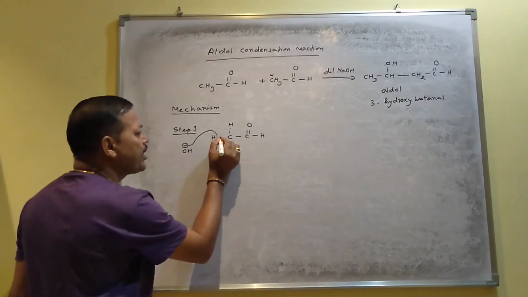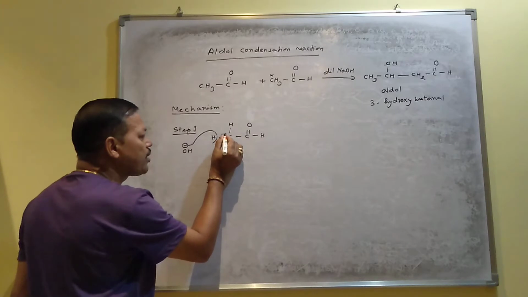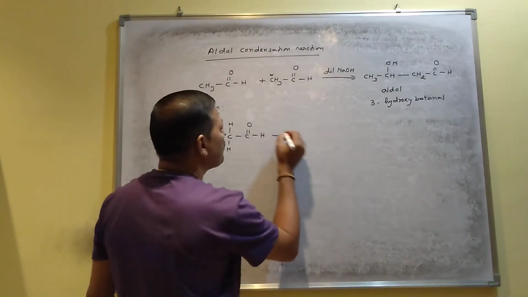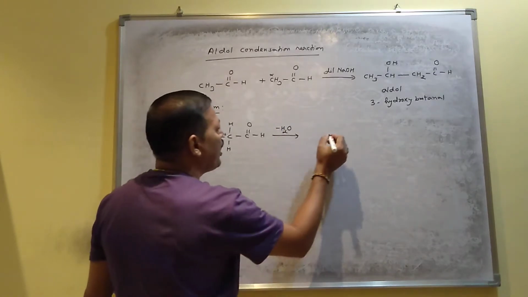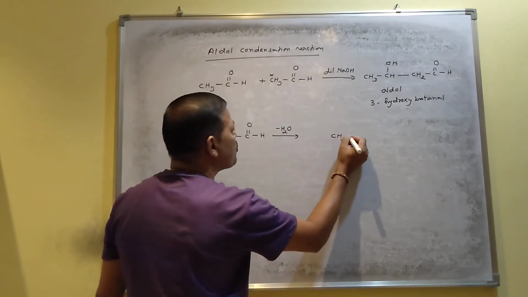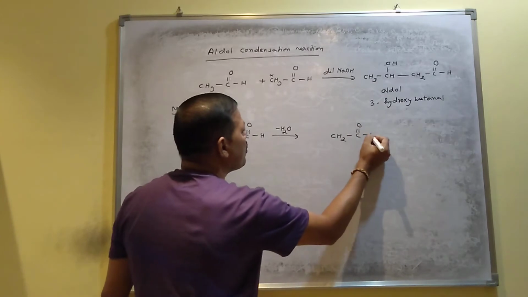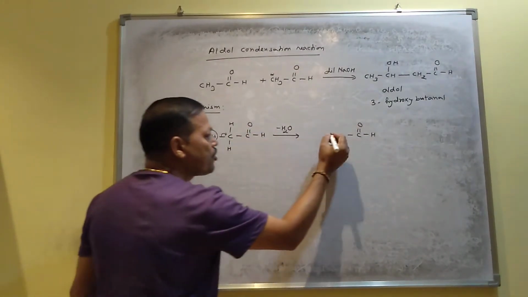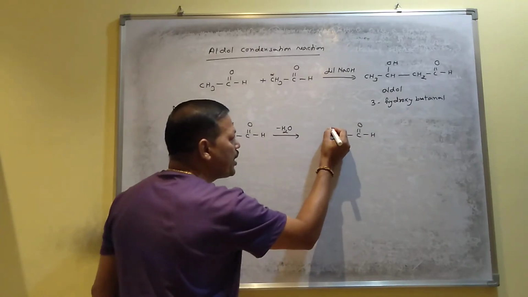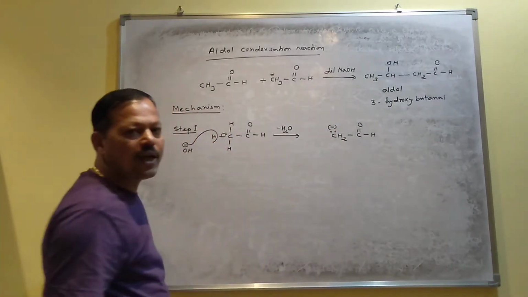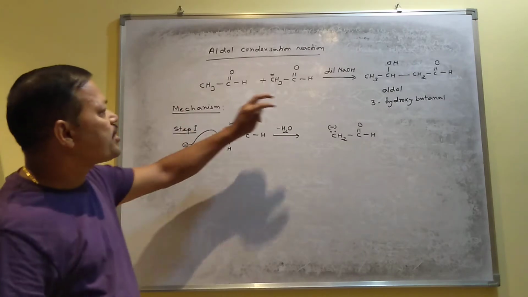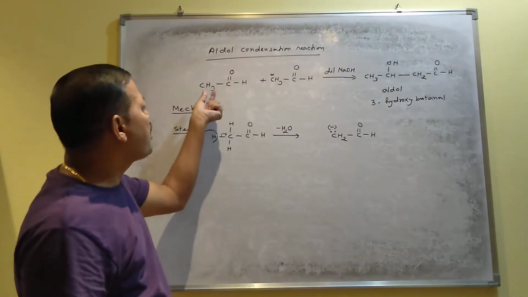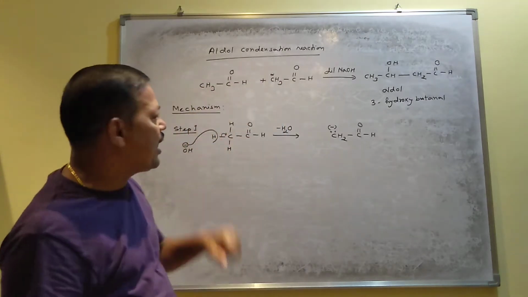And the bonded electron pair will remain with carbon as a lone pair. So after water is removed, it becomes CH2CHO, and the bonded electron pair now remains as a lone pair inside carbon. That's why it becomes negatively charged. So first, the base, the alkali sodium hydroxide, removes one alpha hydrogen from any one aldehyde.